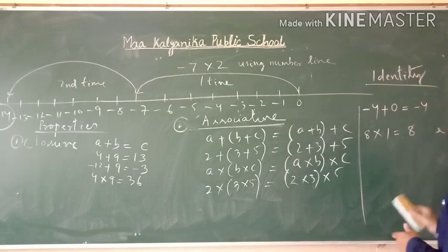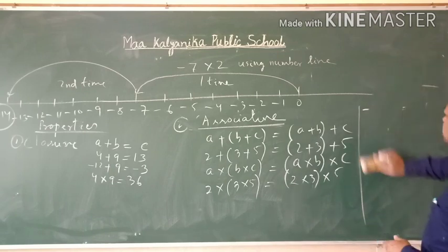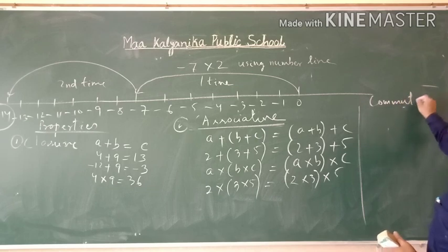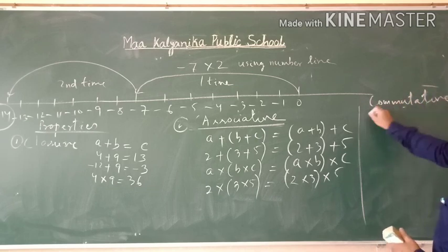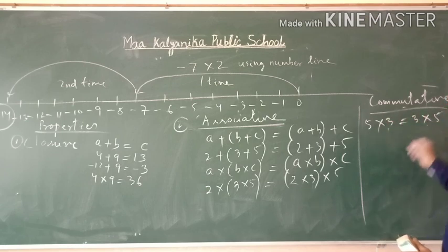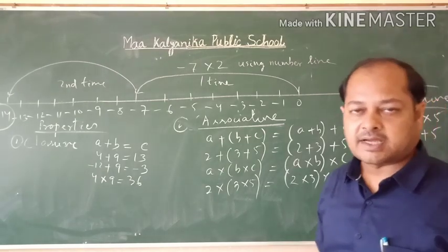And what is the commutative property? Let's see one commutative property. 5 into 3 equals 3 into 5. This is the commutative property. 5 plus 3 equals 3 plus 5. So the commutative property applies in the case of multiplication and addition. Okay, I think you understand.